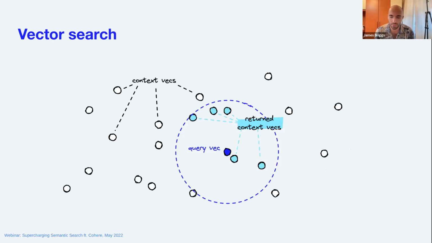Once you've created those vector embeddings, you essentially have a big vector space full of data points, and each data point maps to an image or a piece of text or something else.